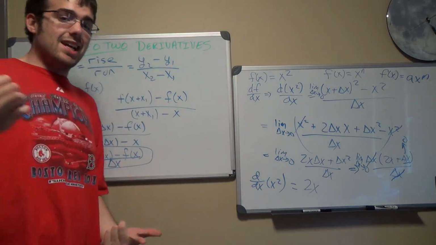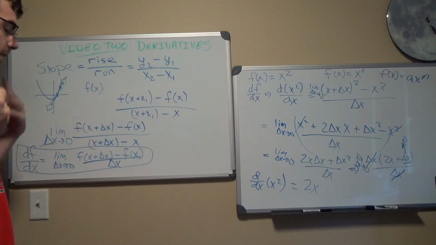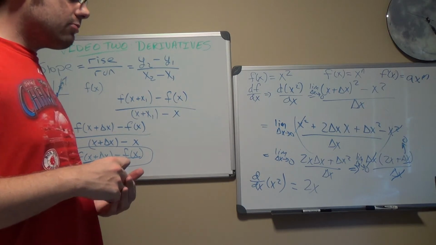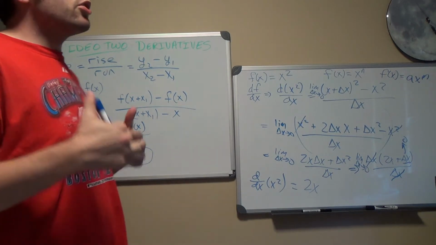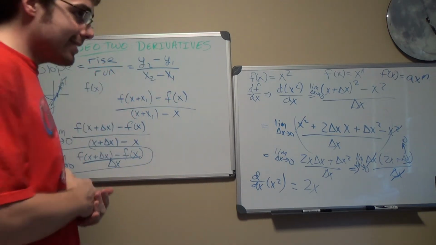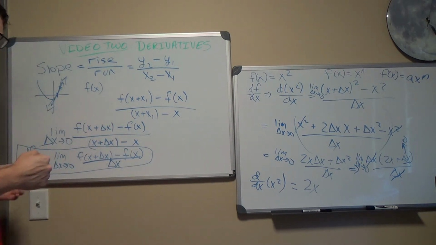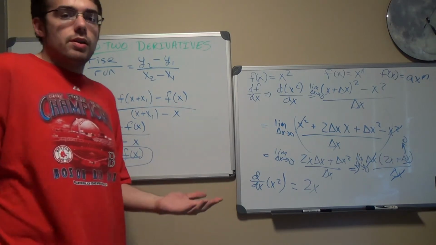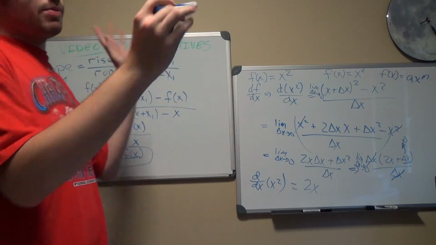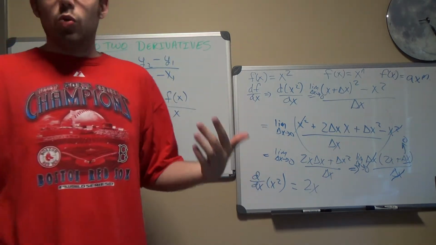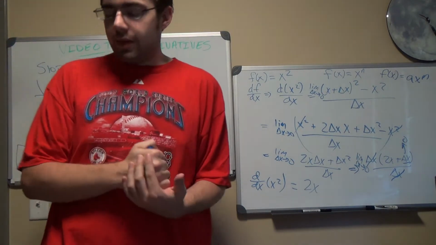You can just use a table, or you can use other differentiation techniques that we'll be talking about later. Most of it's just using tables, and then it'll be applying things like the chain rule, product rule, and quotient rule, which we'll be talking about more as we go on with our derivatives.